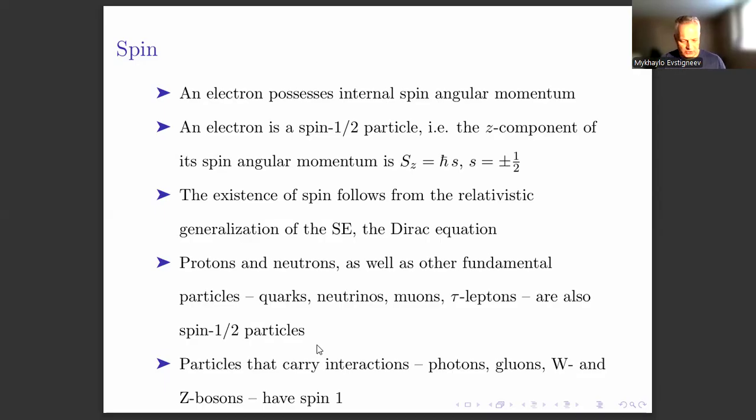So if you merge special relativity with quantum mechanics, you end up with this Dirac equation.